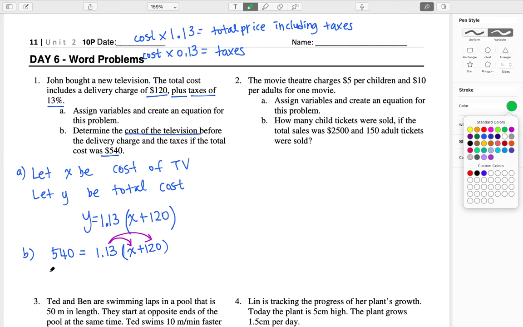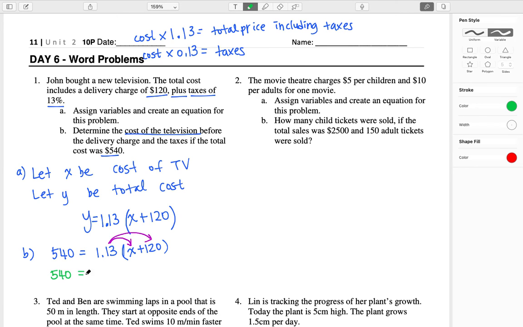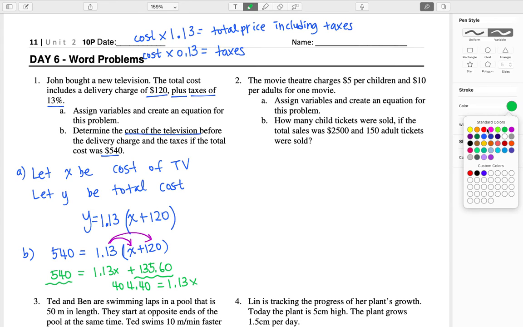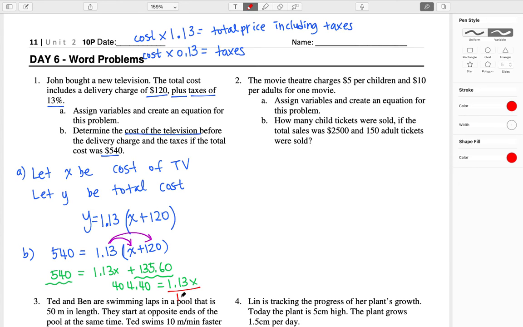So you will get 540 equals 1.13x plus 135.60. And then collect the like terms. These two are numbers. I'm going to move it to the left side. And then after that, isolate for x by dividing by whatever is in front of x.